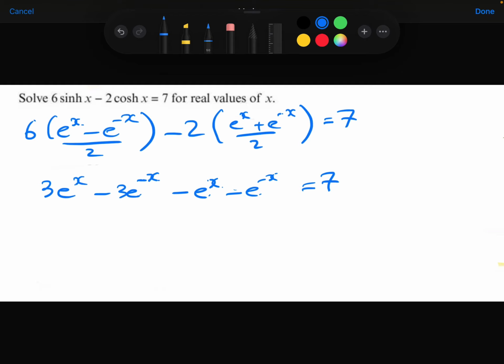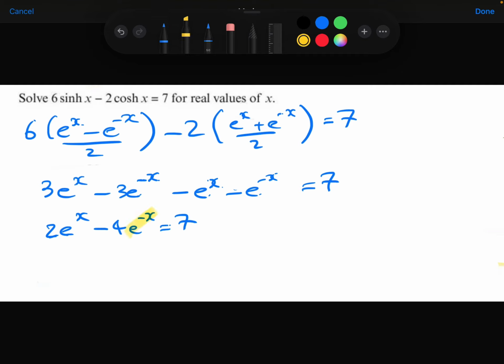Then collecting up some like terms here now, I'm going to have 2e to the x minus 4e to the minus x equals 7.